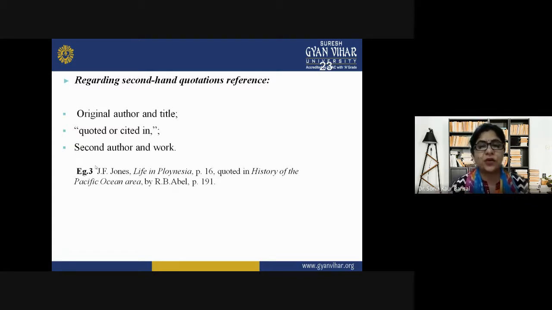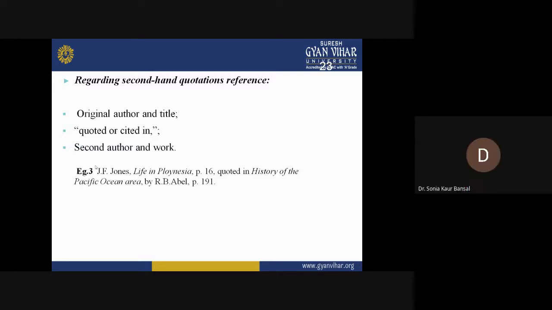So maintain the original author and title, then quoted or cited in. This is how you give the second hand quotation reference.